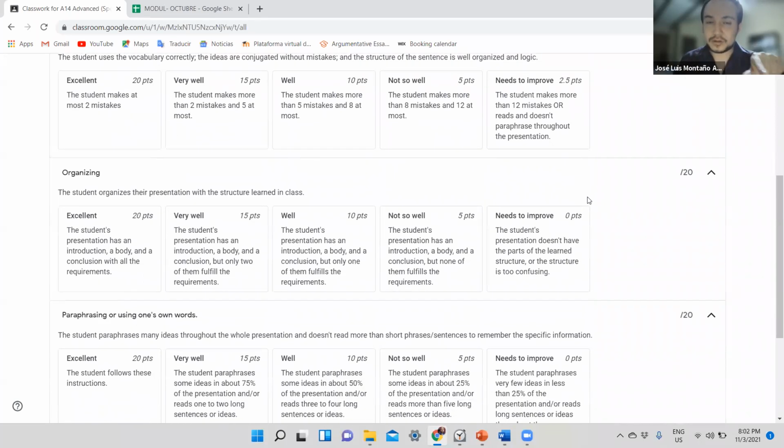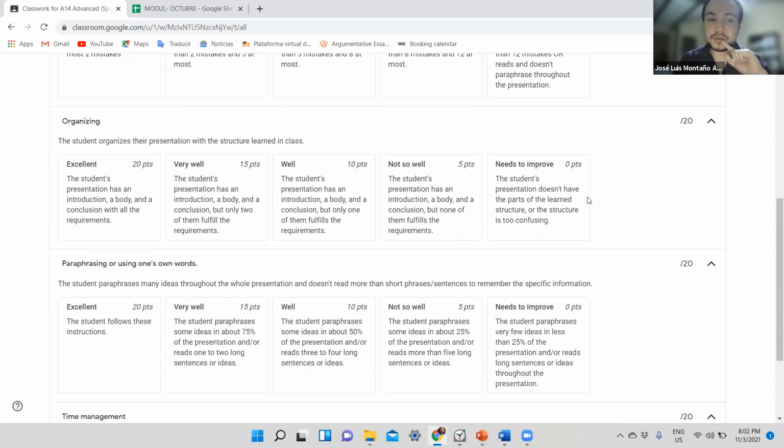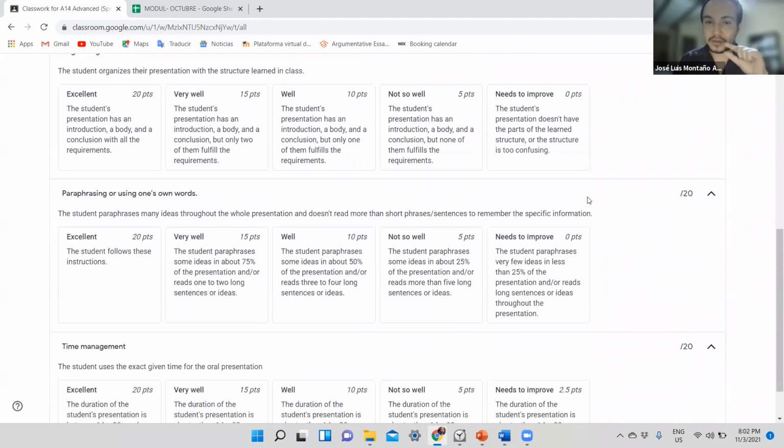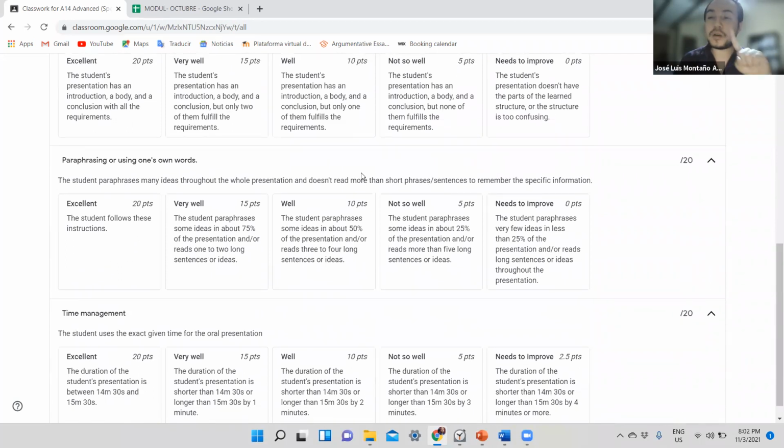Again, we worked on this explanation on Monday, but it's very important to remind you once again because of those elements, mainly reading. And we have one entire criterion related to that: paraphrasing or using one's own words. This means if you follow all those instructions, you paraphrase many ideas throughout the whole presentation, not only reading, and you don't read more than short phrases or sentences, maximum, to remember specific information.